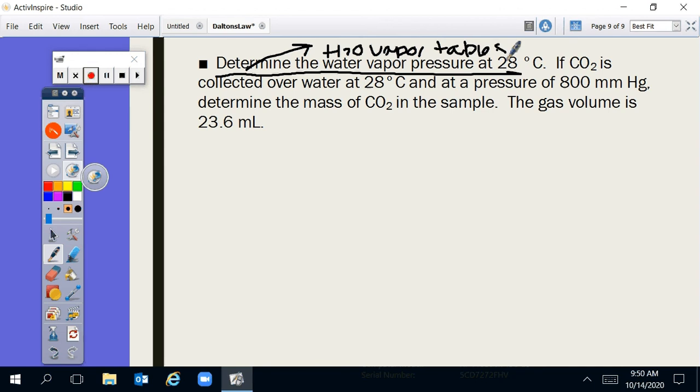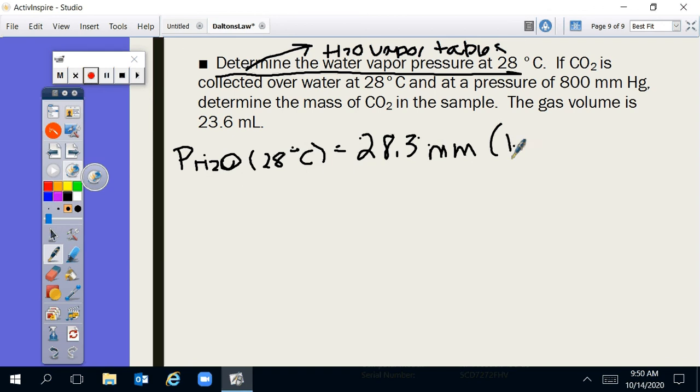And if you look it up, the pressure of the water at 28 degrees in millimeters of mercury is 28.3 millimeters of mercury, and that's from the water vapor table that I've supplied you.